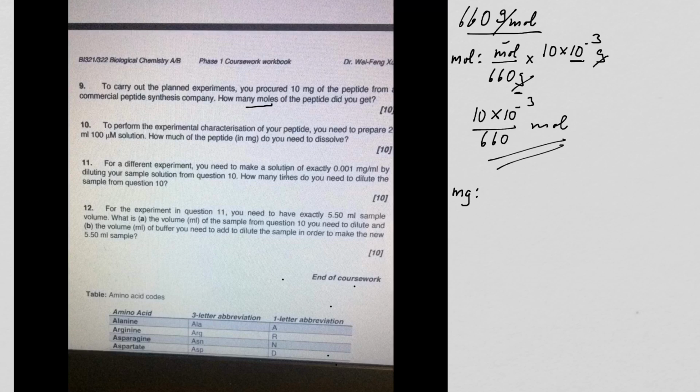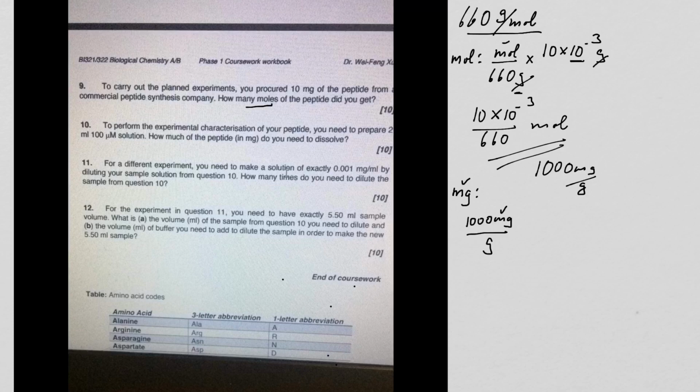So let's write that down. 1,000 milligram per gram. So that's right. And so do we have milligram anywhere? Yes, we have 1,000 milligram per gram. So we've got the gram is in the right position.